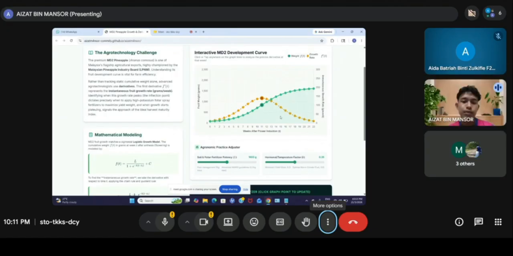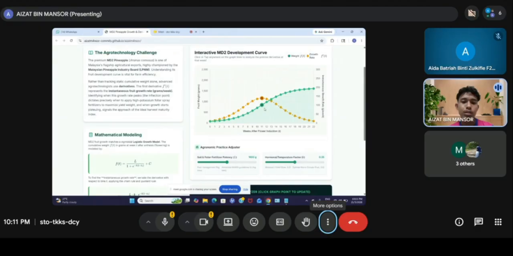At the beginning, the fruit grows slowly, then rapidly during the middle stage, and finally slows down again when approaching maturity. The derivative formula helps identify the point where the fruit experiences the maximum growth rate.